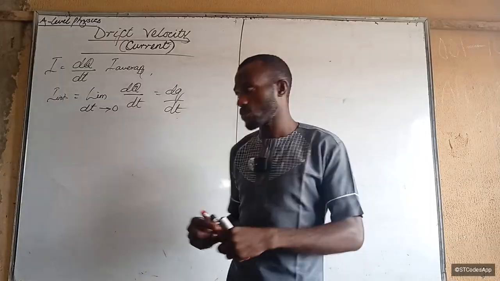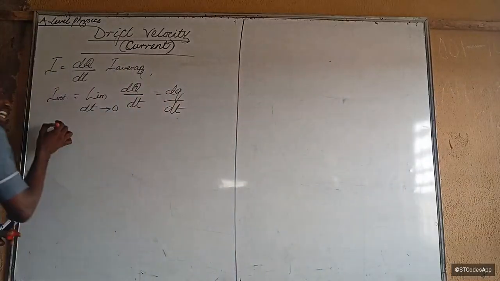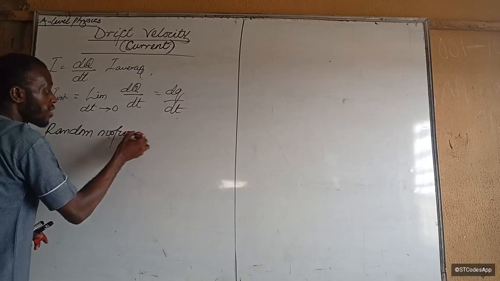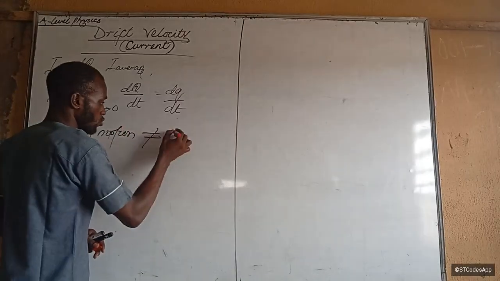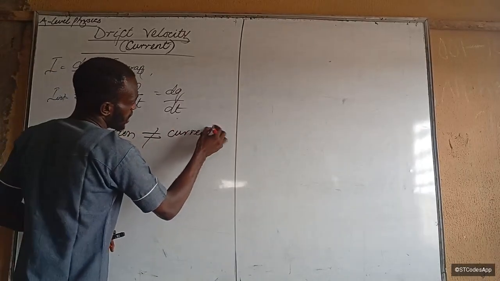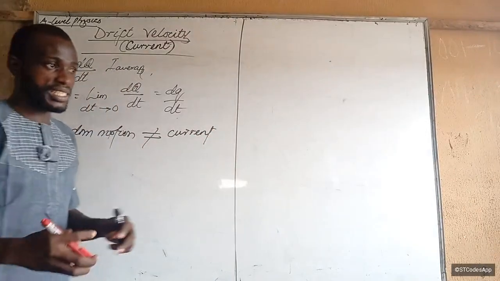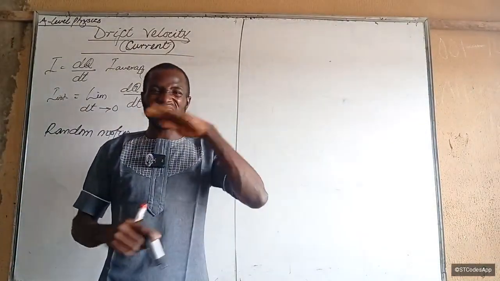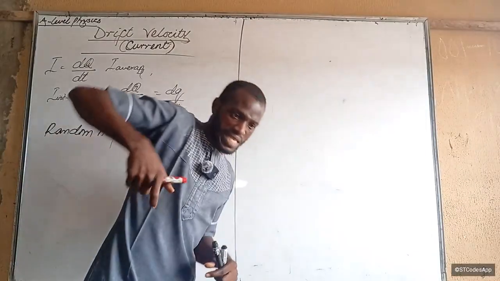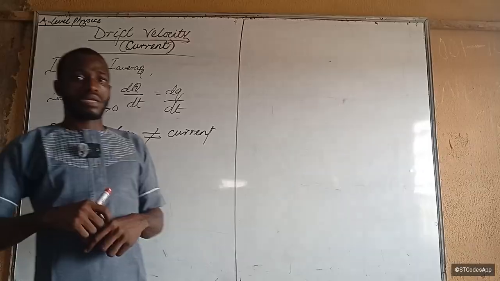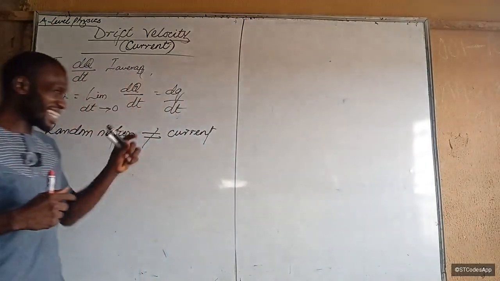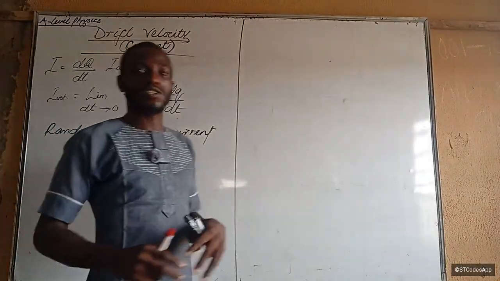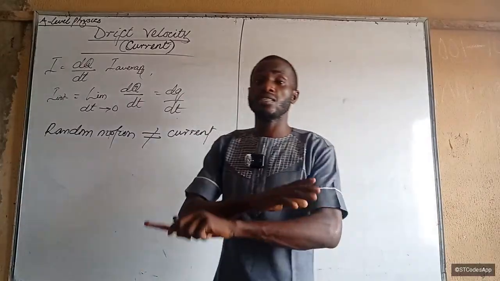The reason is that they engage in random motion, and random motion of charge carriers is not equal to current. Why? Because this haphazard motion cancels out, such that the average movement of electrons within the lattice of the conductor is 0. So the average velocity of the charges is 0.